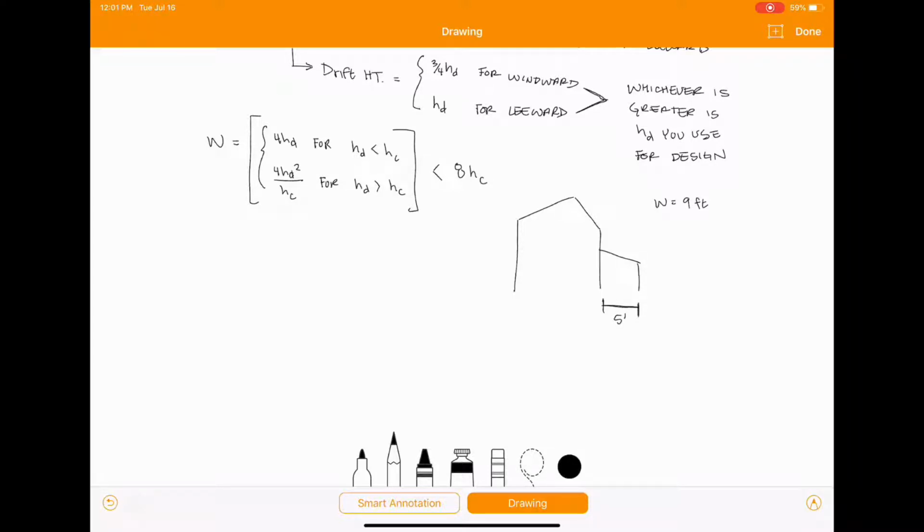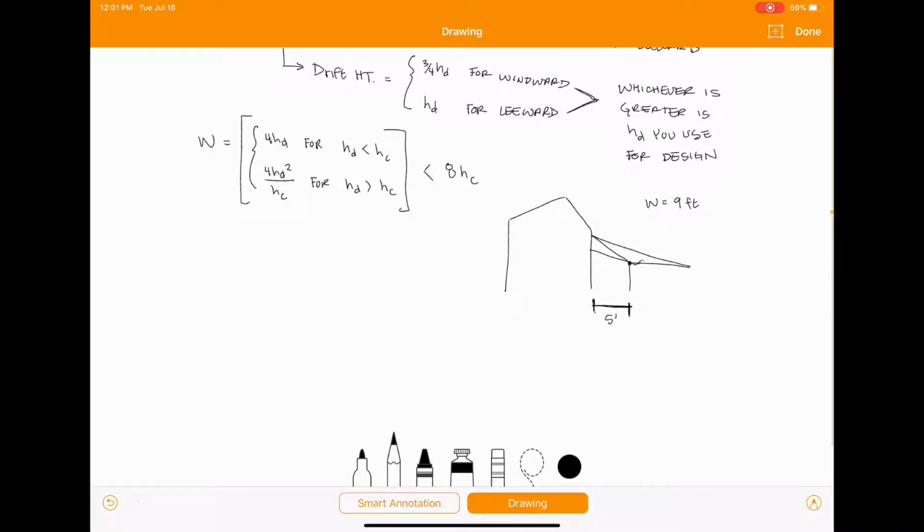All that means is you're going to start at 0 here and then just go up to your regular height. So your width can only be as long as your roof is going to be. Your snowdrift can't come out and hang in the air like that. So you're just going to start at 0 and then work your way up. So it's just still going to be that triangle, but it's only going to be 5 feet long rather than the 9 feet that you calculated.